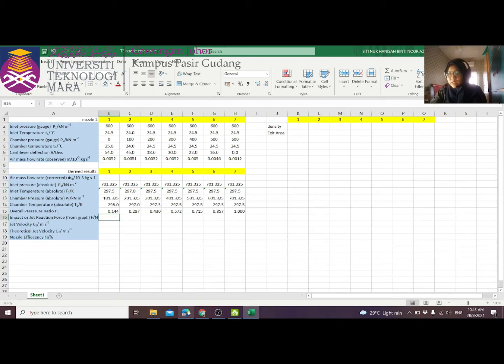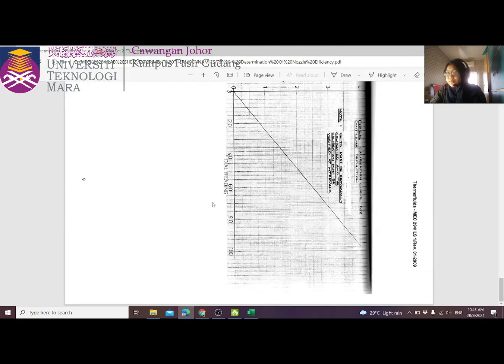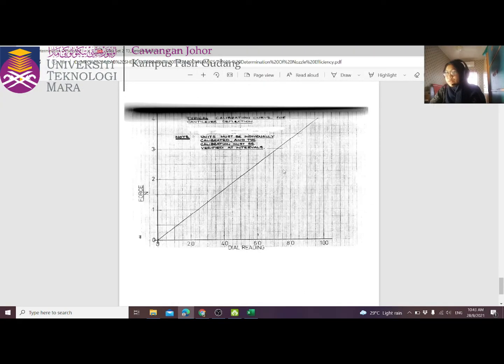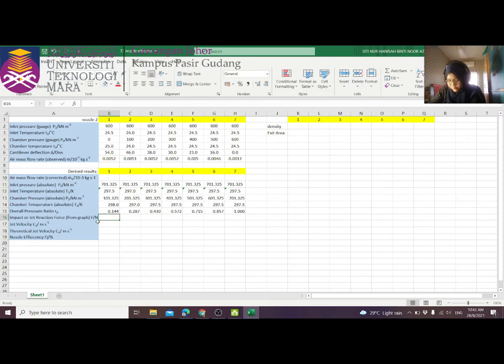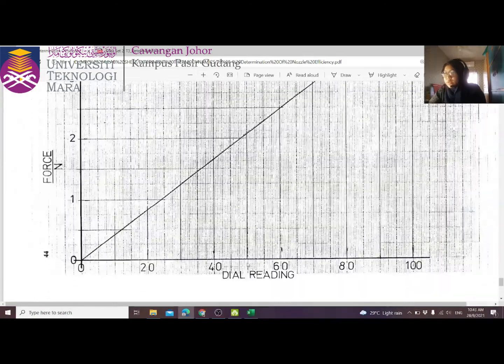This one will refer to this graph. Based on the graph, we will see it from the cantilever deflection. So 54 is around here.